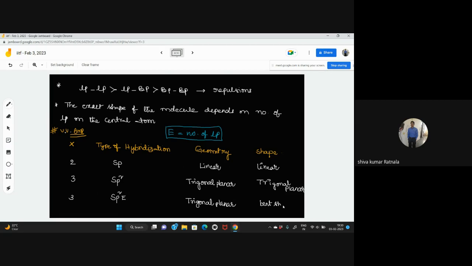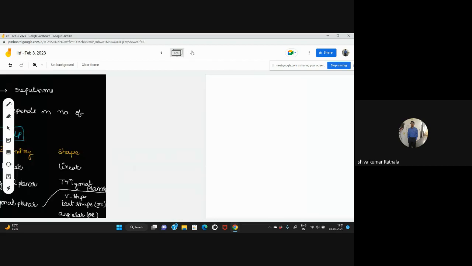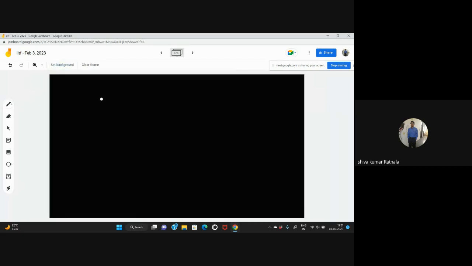Bent shape, the molecule we can also call angular, or V shape also. Okay, this is for this. Now see how trigonal planar will be there.